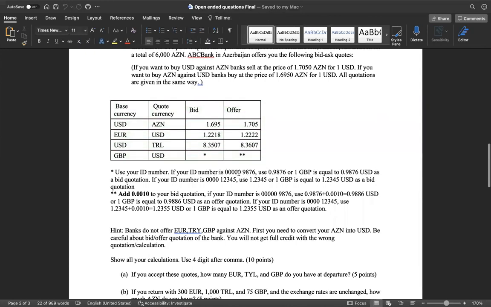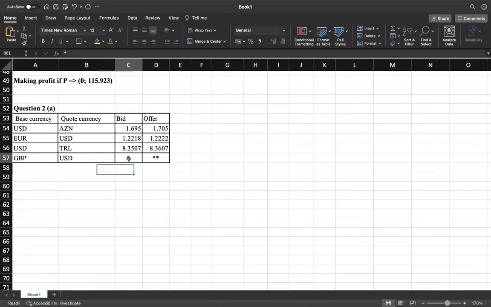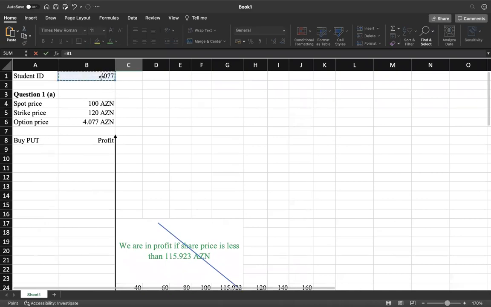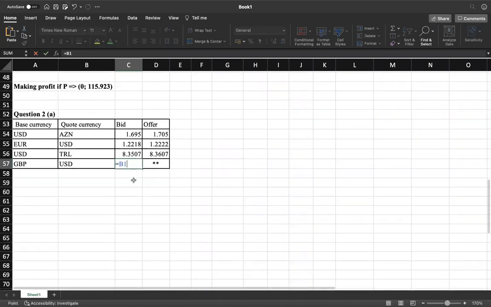If your ID number is 00009876, use 0.98. So it means we are dividing our ID number by 10,000. For example, ID number divided by 10,000.